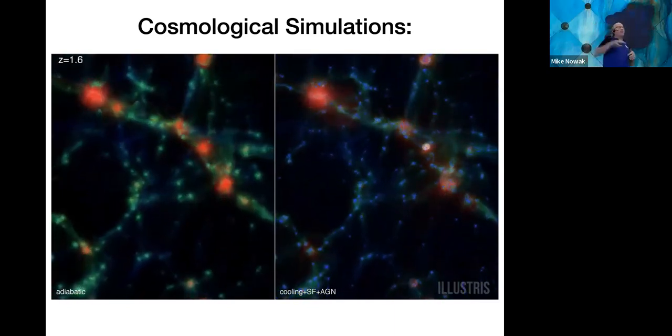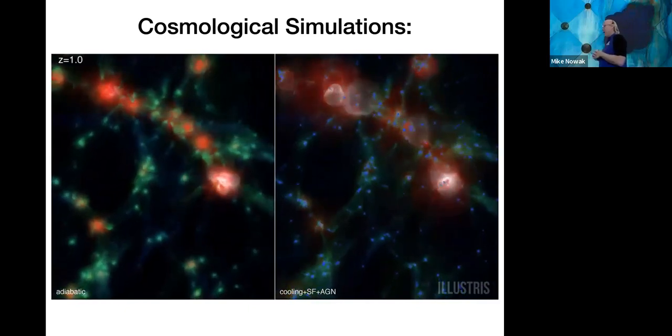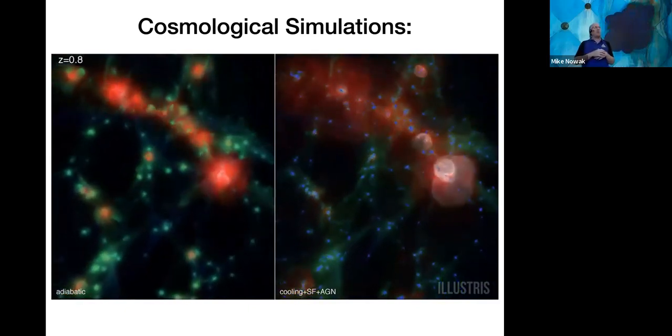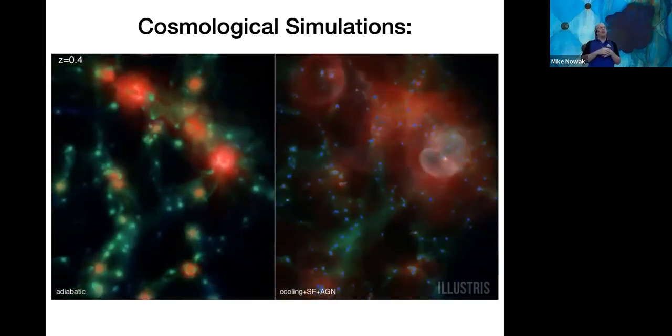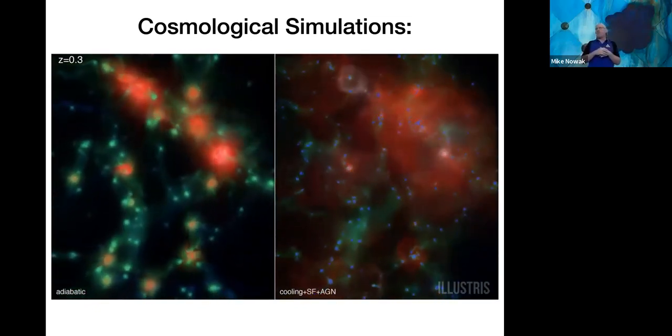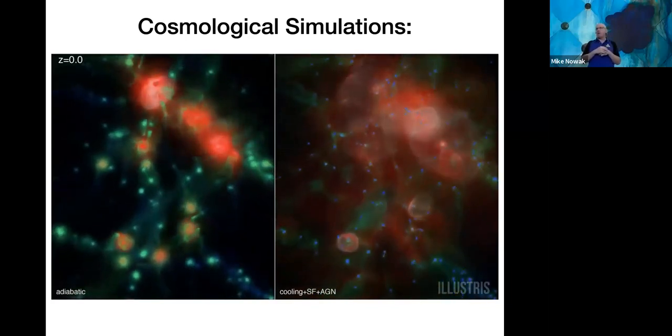On the right, it's a lot of detailed physics of the feedback from black holes and supernovae. And you can see all the gas in between galaxies can look very different depending upon what assumptions you make about what's going on in the early universe. Now, this is what we're looking at for Arcus, trying to probe that gas in between galaxies. It is one of the big missions that we plan on doing that.